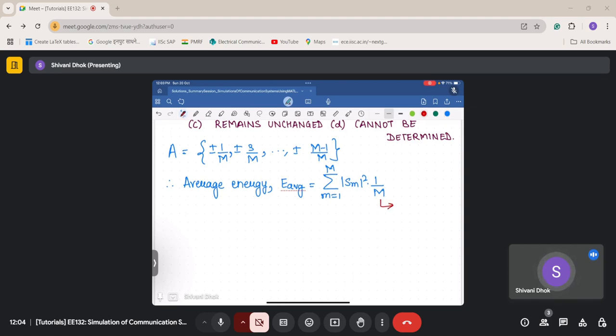So this is probability of Sm for all m. Okay.